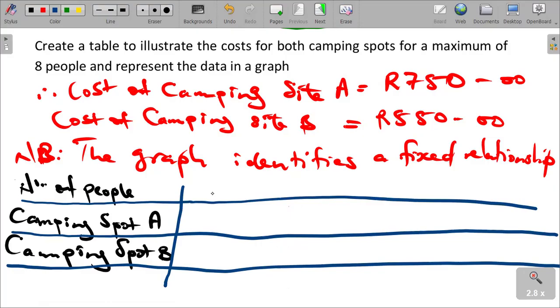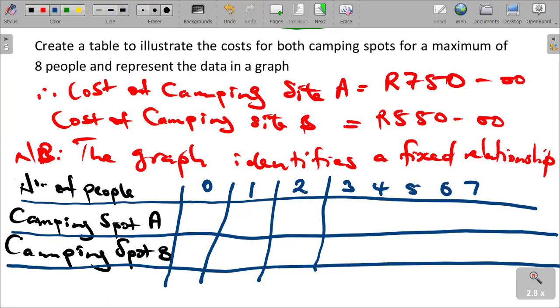So we have got number of people. They told us that there are 8 people in this case. So it's 0, 1, 2, 3, 4, 5, 6, 7, 8.